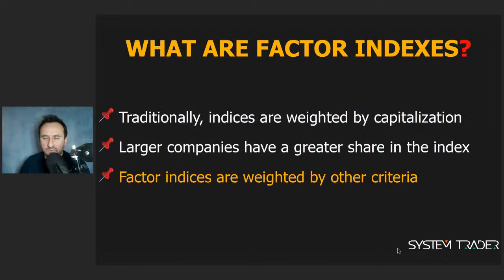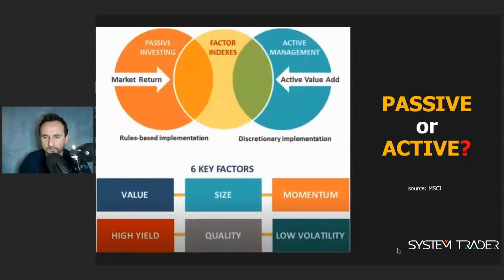And what are factor indexes? There are ETFs which are using factors. So rather than using market capitalization indices like the S&P 500, there are indices which are constructed in a different way, and they may be weighted not by capitalization, where larger companies have a greater share in the index, but by some other criteria. And is it a passive or active approach?